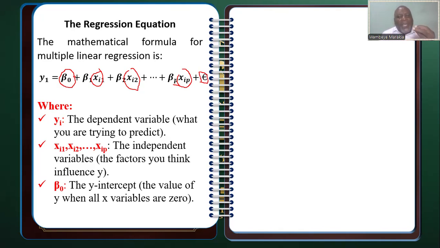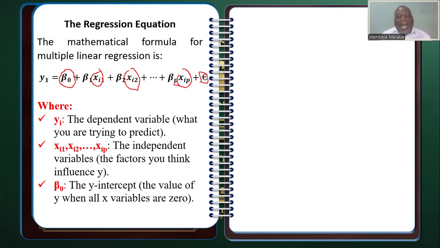So we are going to model these in this lesson. We are going to see how we come up with this kind of equation when you are doing your data analysis with several independent variables, so that at the end of the day, we'll be able to say that this independent variable influences the dependent variable.